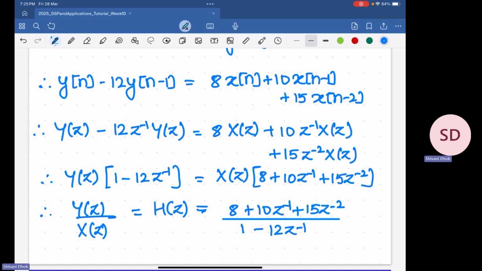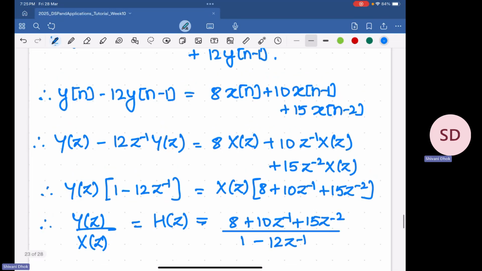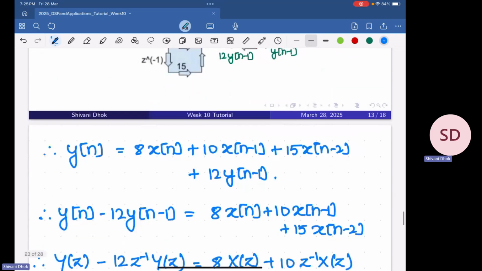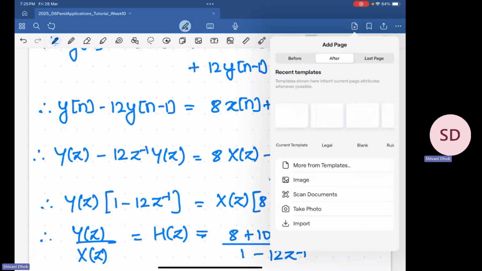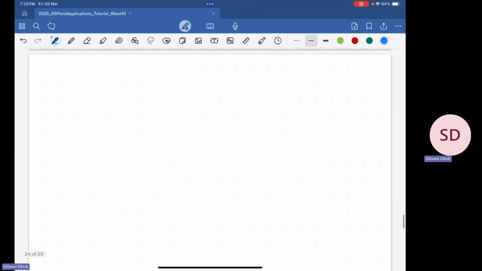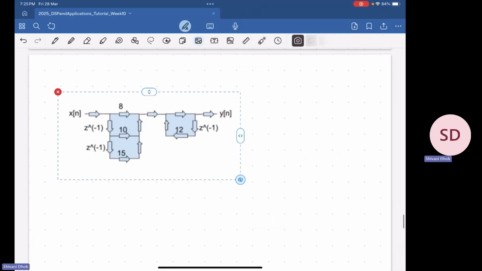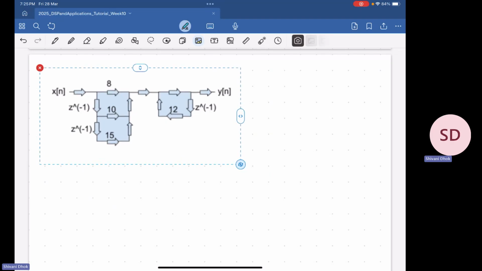Okay, if there are no questions, then before I go ahead, I'll give you a small trick. Instead of going through this long process, you can again do it by observation. So let me just paste the same signal flow graph that is given to us.